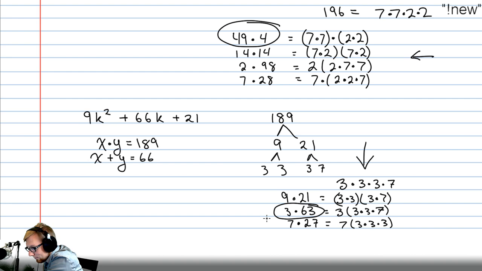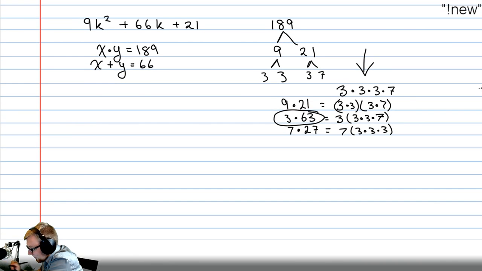There you go. So then you get 9k squared plus 63k plus 3k plus 21. Good.